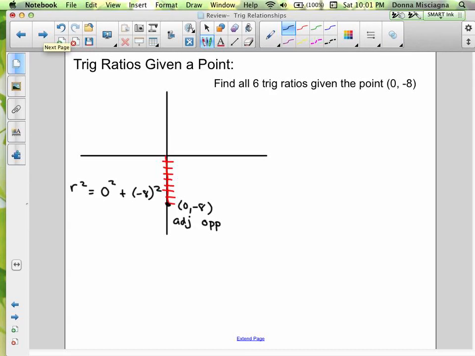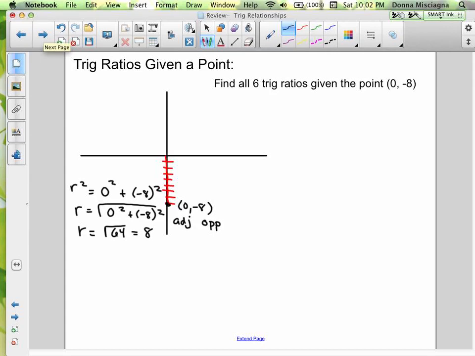And then if I take the square root of both sides, I get r equals the square root of 0 squared plus negative 8 squared. Well, that's just 0 squared is 0. Negative 8 squared is 64. What's the square root of 64? Of course, it's 8.